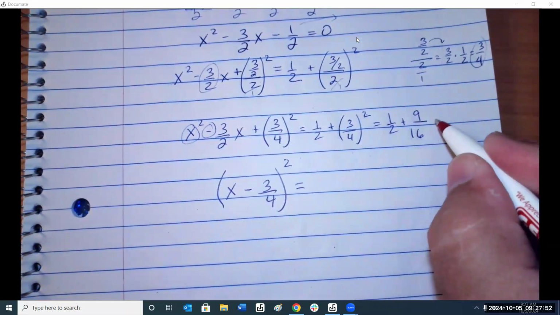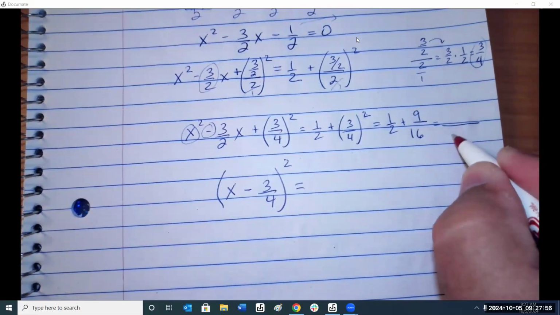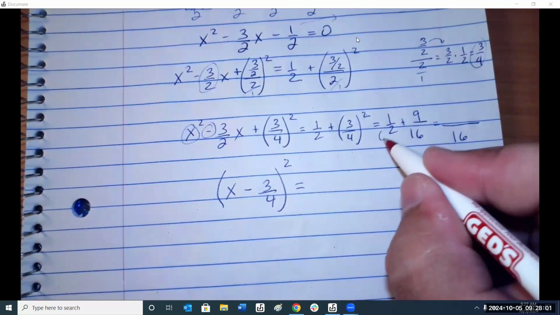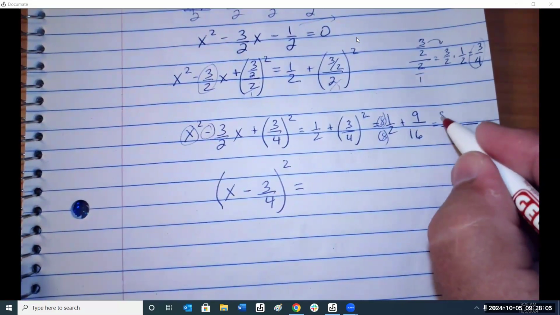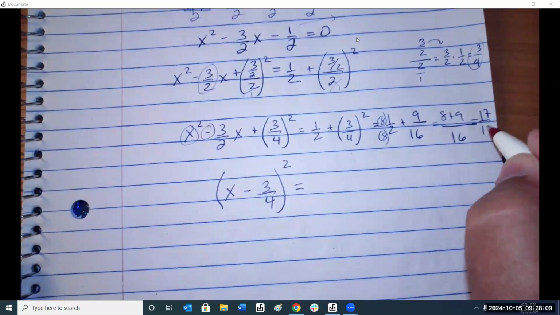So I have to get a common denominator, which is going to be 16. So this one, what times 2 is 16? 8. Top and bottom. So we have 8 plus 9 makes it 17 over 16.